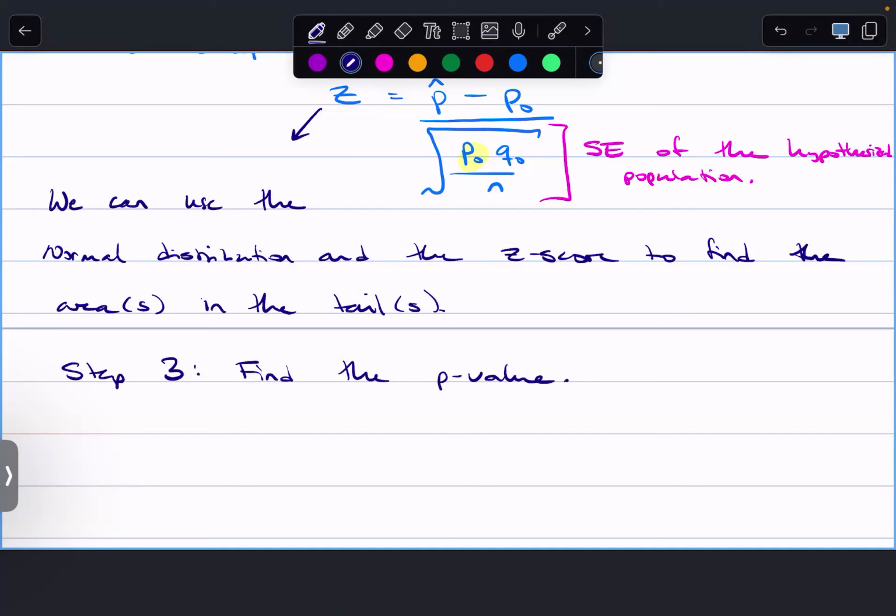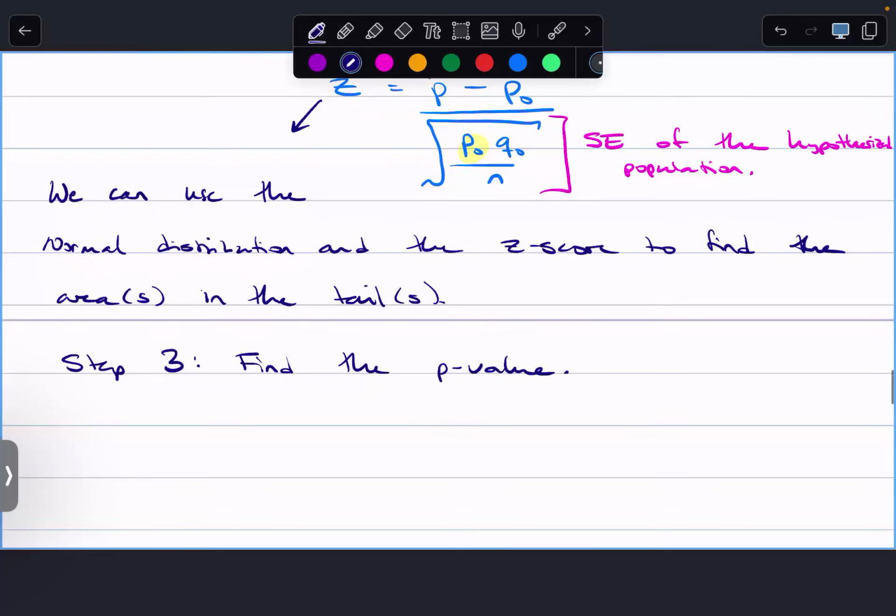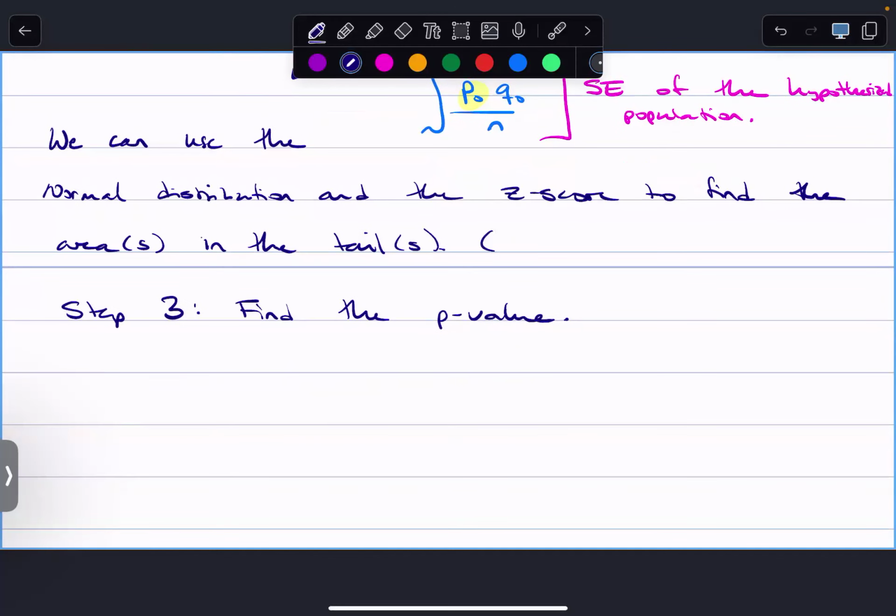Okay. Which is the p-value. So find the p-value.